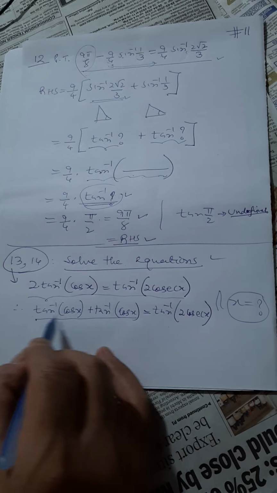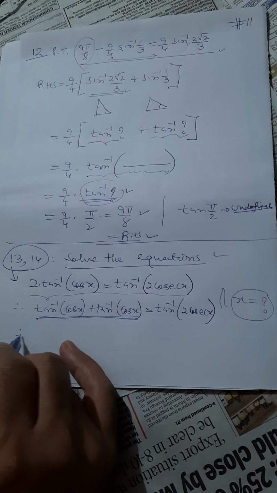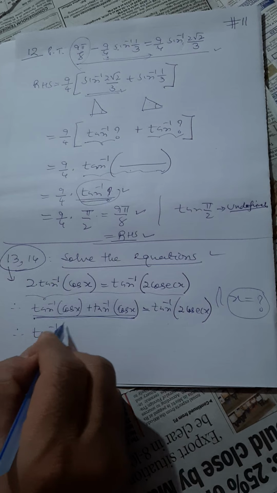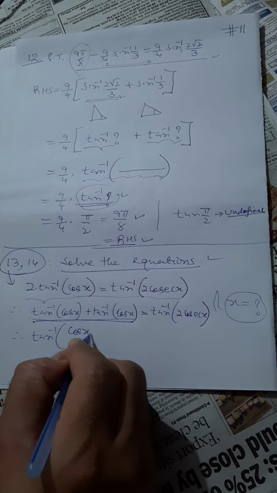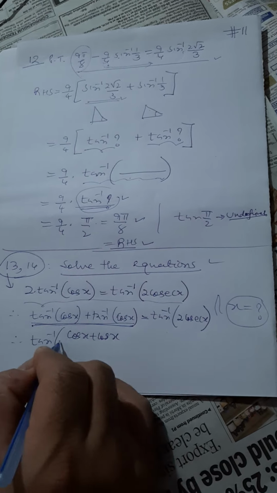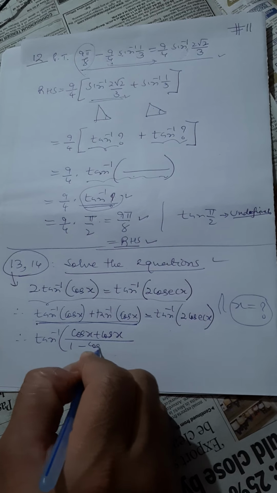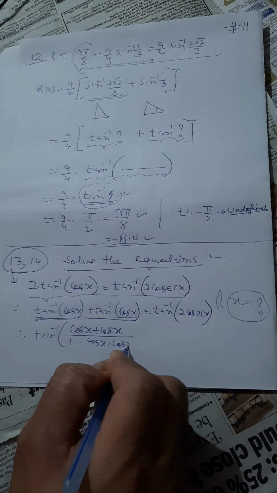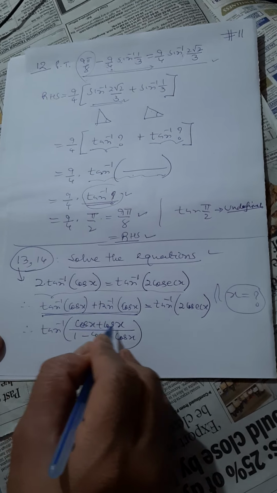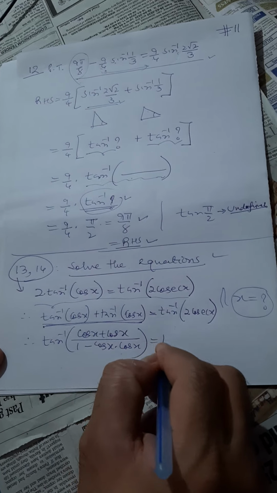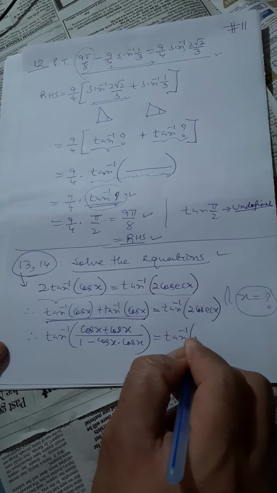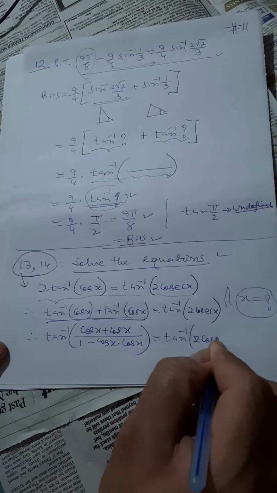Now tan inverse x plus tan inverse y, which is tan inverse of cos x plus cos x upon 1 minus cos x into cos x. You know which formula we have used: x plus y upon 1 minus xy. Right hand side again as it is, twice cosec x.